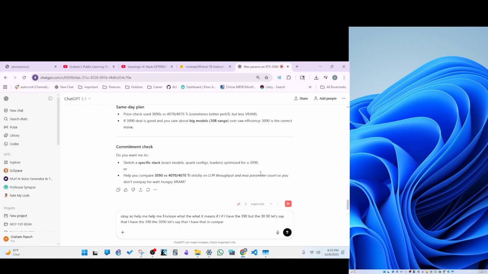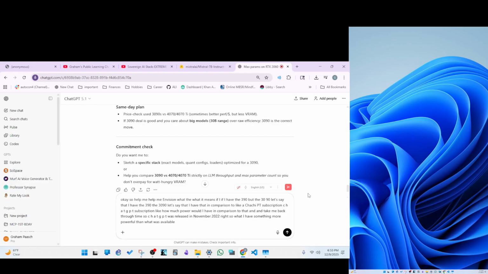In comparison to a ChatGPT subscription, how much power would I have in comparison to that? And take me back through time. ChatGPT was released in November 2022, right? So would I have something more powerful than what was available at that time if I had the 3090?